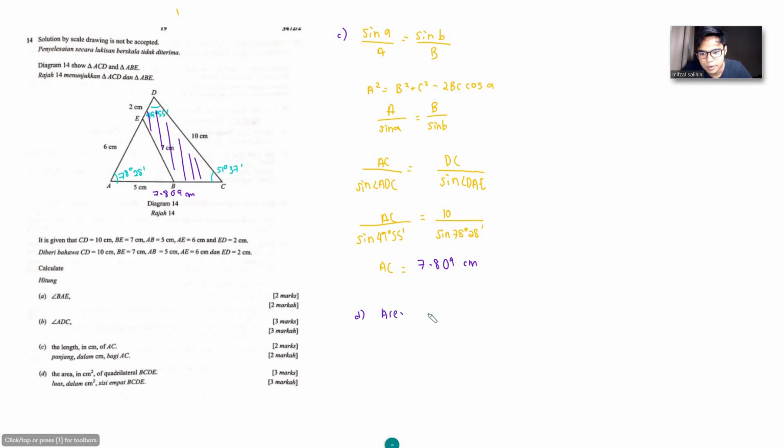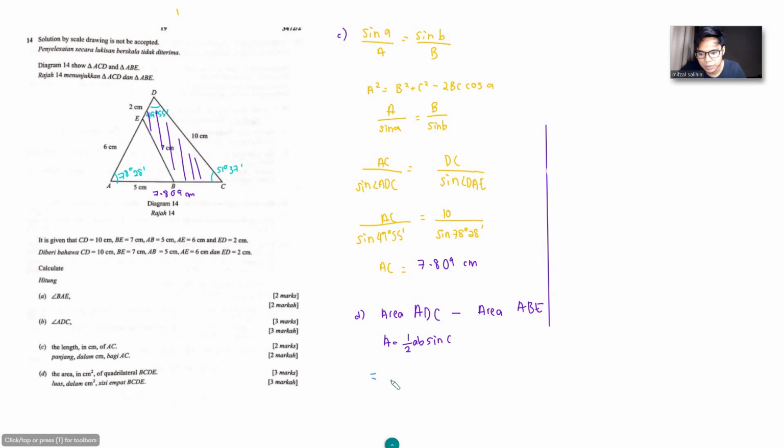The area of ADC must subtract with the area of ABE for us to get the quadrilateral BCDE. So we know the formula of area is equivalent to half AB sine C. So we can just plug in everything and then we can get the answer already.